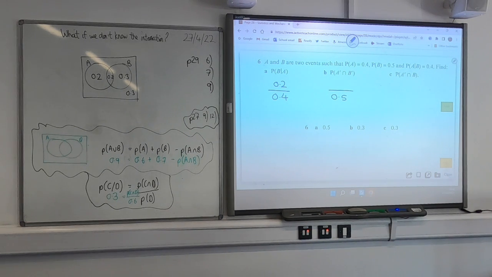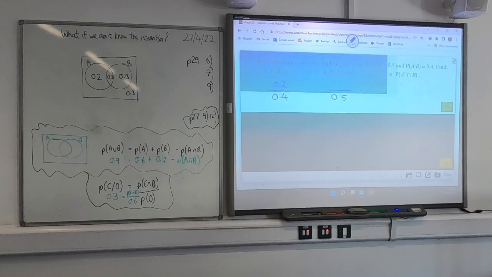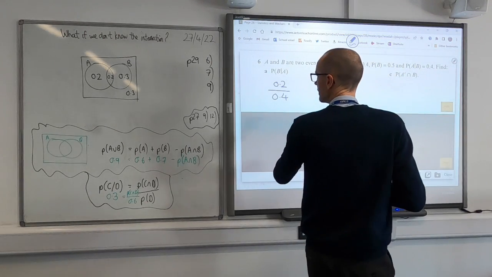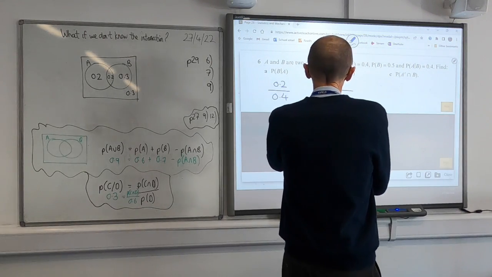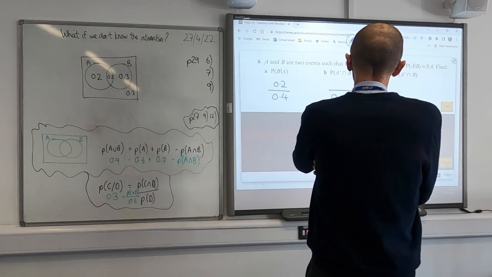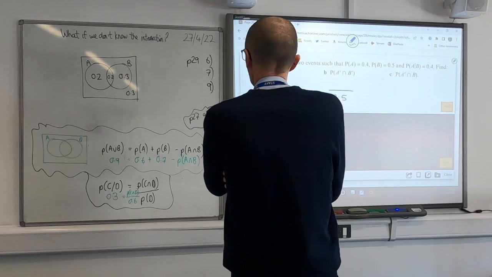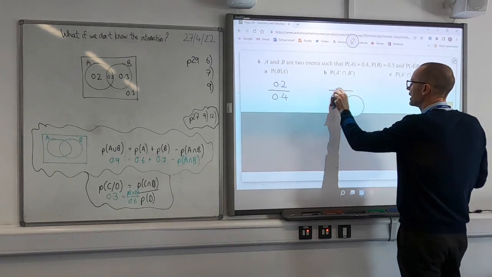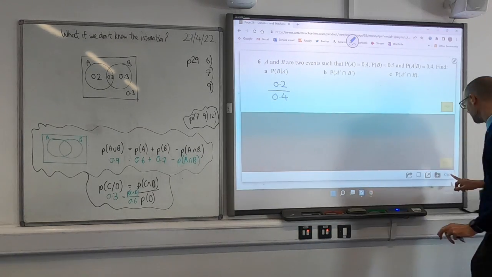I'm getting 0.6 for B. I get 0.3 over 0.5. Why are you doing it like that? It's just not a... Oh, I'm being stupid, aren't I? Yes, sorry, it's not A and not B, so it's outside the circle, isn't it? It's not even a given question, is it? Thank you.